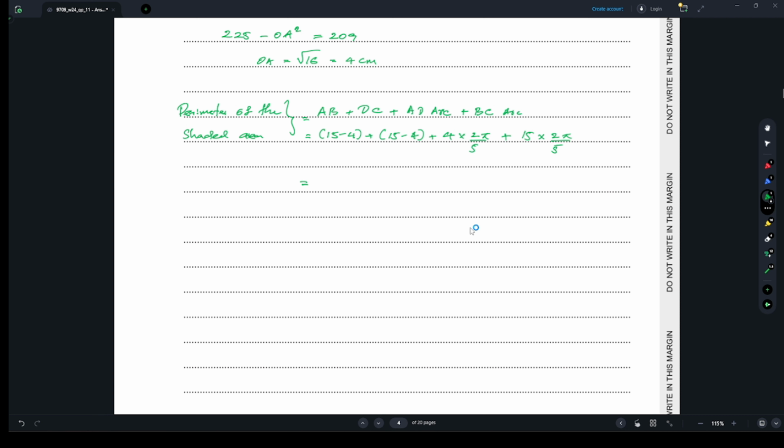Okay, so here 15 minus 4 is 11, and we have two of them, so it's 22 plus, here we have 8 pi over 5 and 30 pi over 5, so the total is 38 pi over 5. They're asking for our answer in terms of pi, right? So this is the answer.